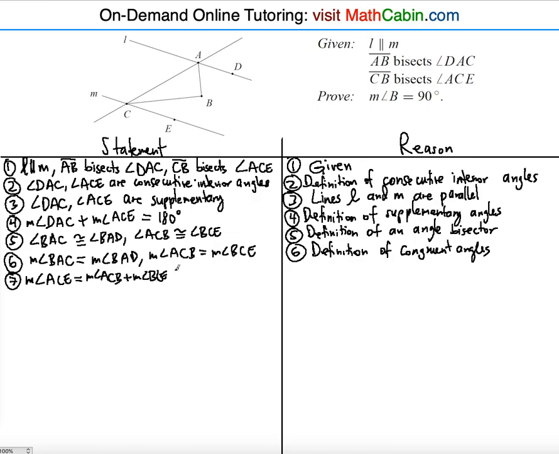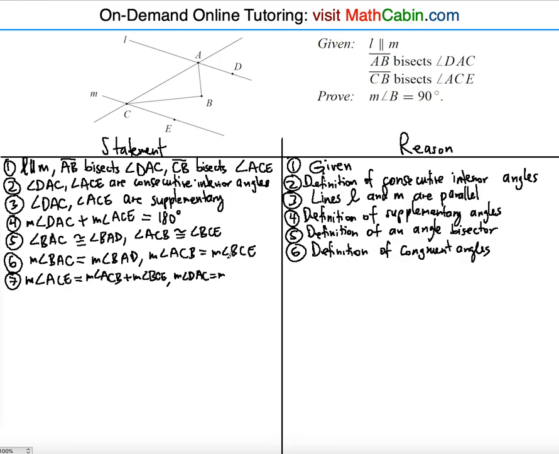Okay, let me write that a little better. And the measure of angle DAC can be expressed as a sum. So where's DAC? This one, right? So we can express it as a sum of two congruent angles, right? We can express it as the sum of these two.